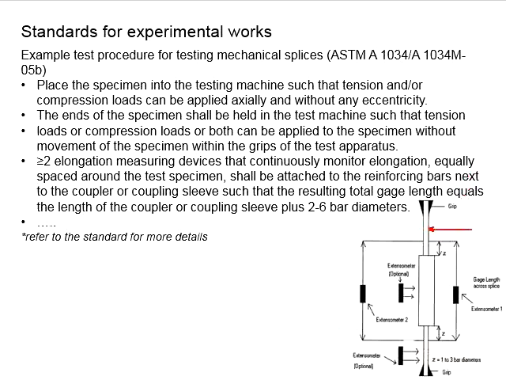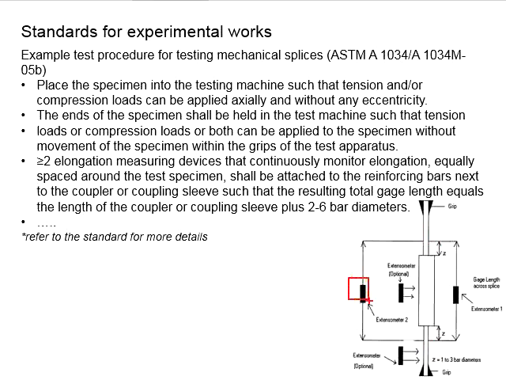And these 2 bars here are to be embedded inside the coupler. The standard recommends you to use 2 extensometers, which are used to measure the elongations happening at 2 points of the specimen, which are point 1 and point 2 here.